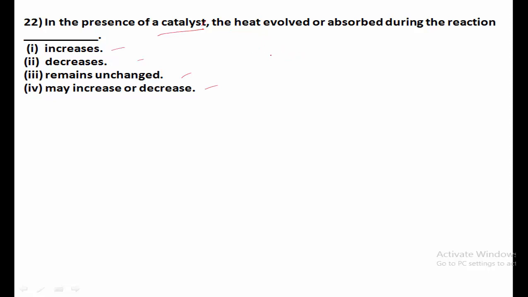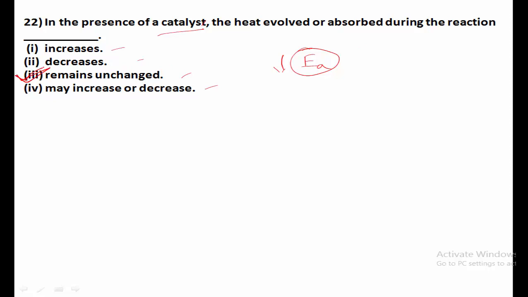Okay, but how does it increase the rate of reaction? By decreasing the activation energy and without undergoing any chemical change. So simply, it only affects the activation energy and does not affect the reaction. Okay, it means no heat is evolved or absorbed extra during the reaction. So the heat evolved or absorbed during the reaction will remain constant.